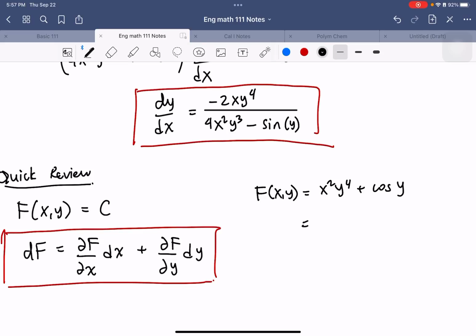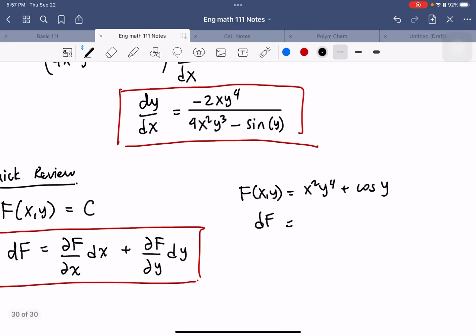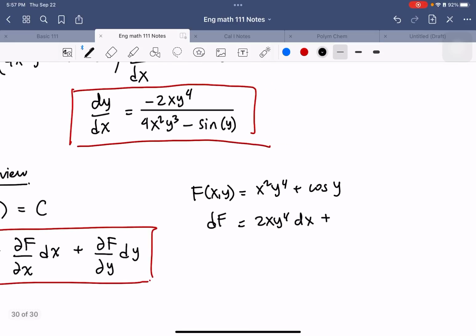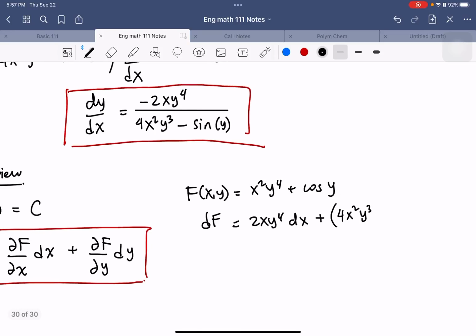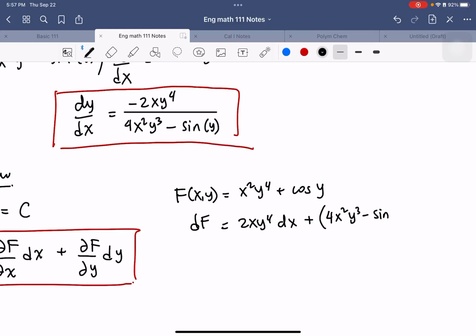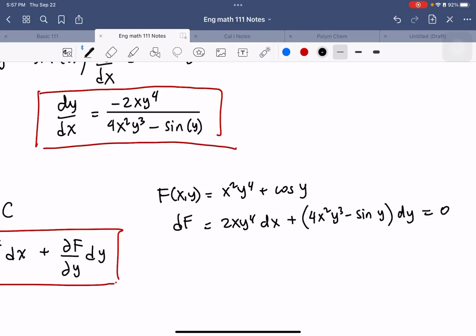Now we can also make out our df, the same thing. I'm skipping some process here, but it should give the same components or results. And this is equal to 0.